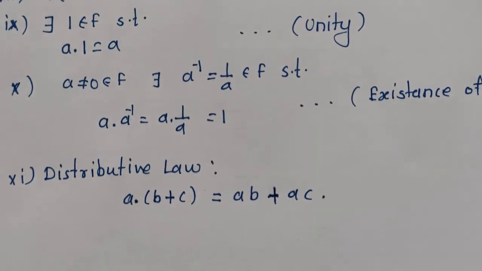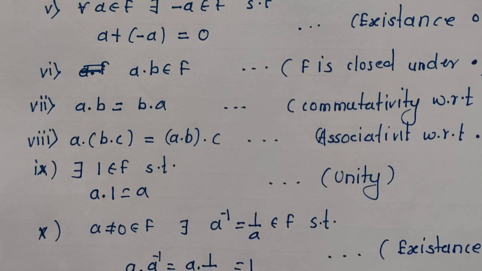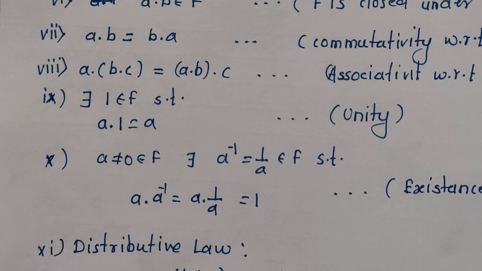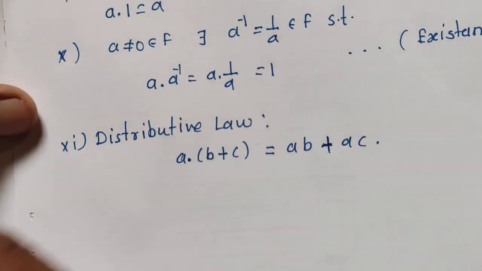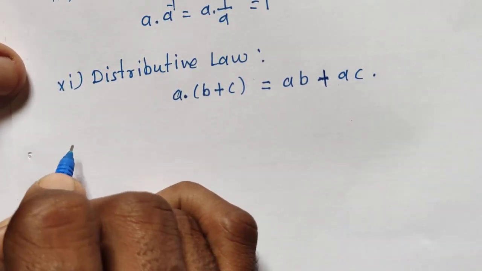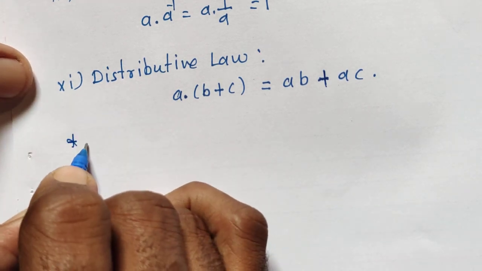So if any set F satisfies all these 11 properties, then we say that set F is called a field. So the next definition, and the most important one, is field. The definition of field.